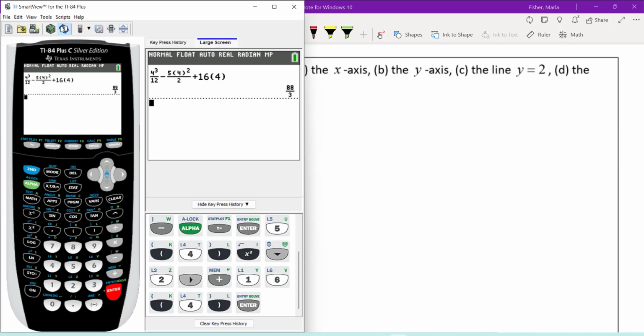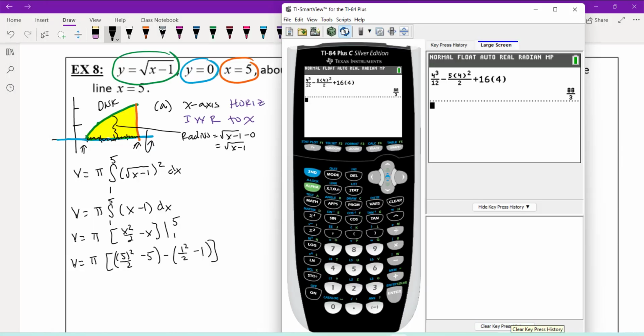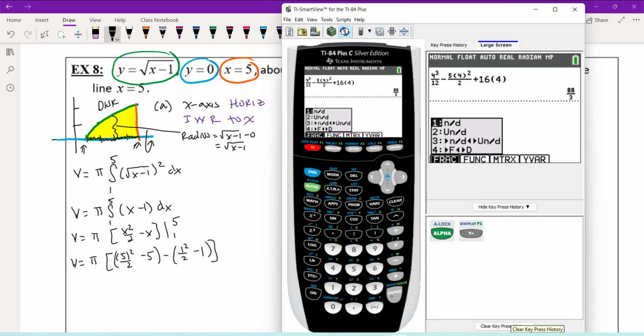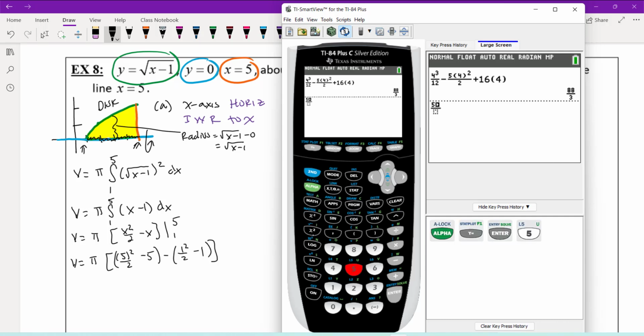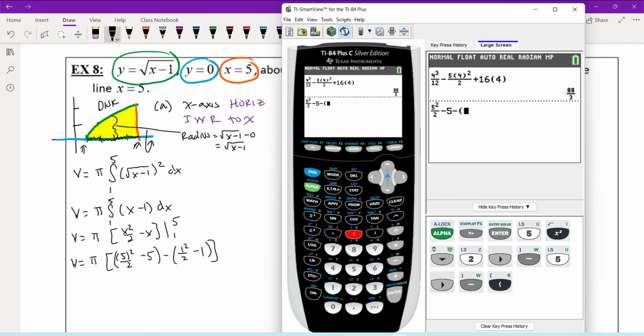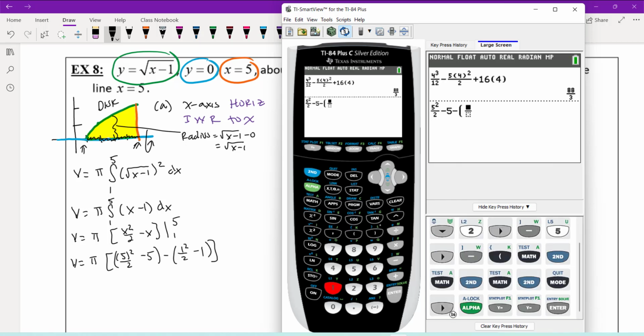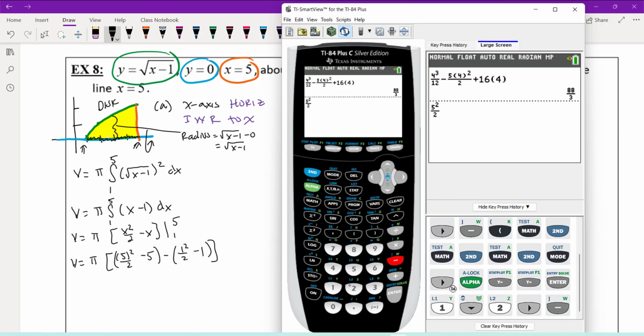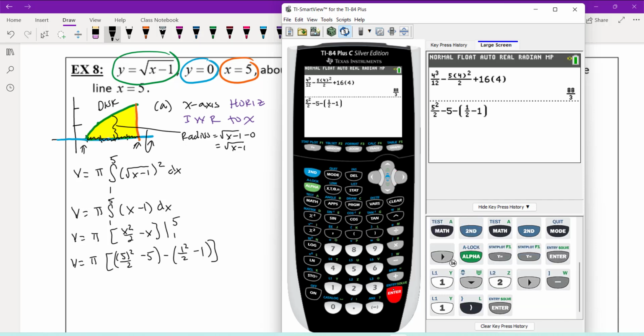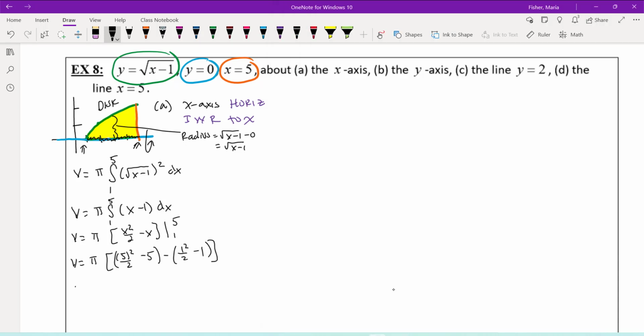Grabbing a calculator to work that out, we're going to do 5 squared divided by 2 minus 5 minus, open a parentheses, and 1 squared is just going to be 1 over 2, and then minus 1. Closing that parentheses and hitting enter, and we get 8. So my volume here is going to be 8 pi. That's part A. Let's do part B.